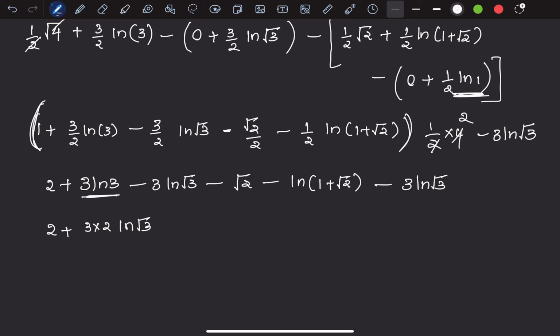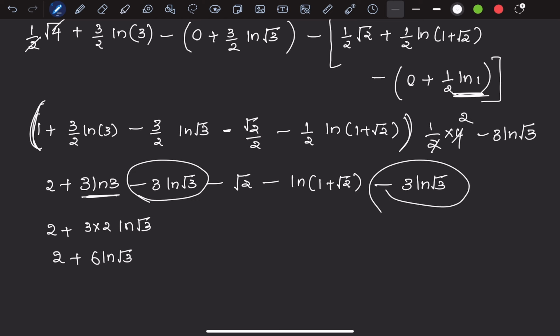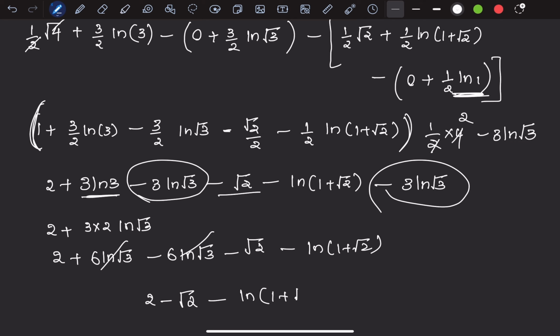So that will be 2 plus 6 ln root 3. So minus 3 ln root 3 minus 3 ln root 3 is minus 6 ln root 3. So this is minus root 2 minus ln 1 plus root 2. This and this gets cancelled. So the answer will be 2 minus root 2 minus ln 1 plus root 2. So this is your final answer.